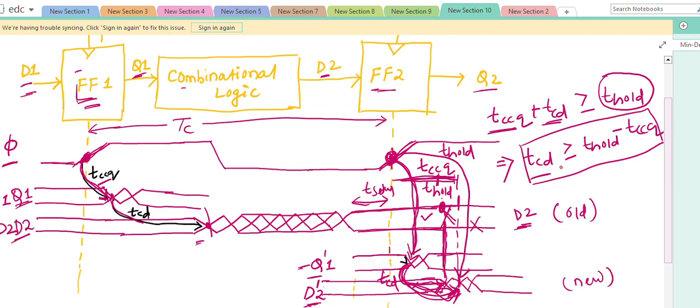So TCD should be greater than or equal to T hold minus TCCQ. This expression for TCD, the contamination delay, is known as the minimum delay of the combinational logic circuit, for which we will not get any error at the output of flip-flop 2. This is known as the minimum delay constraint of flip-flop based sequential circuits.